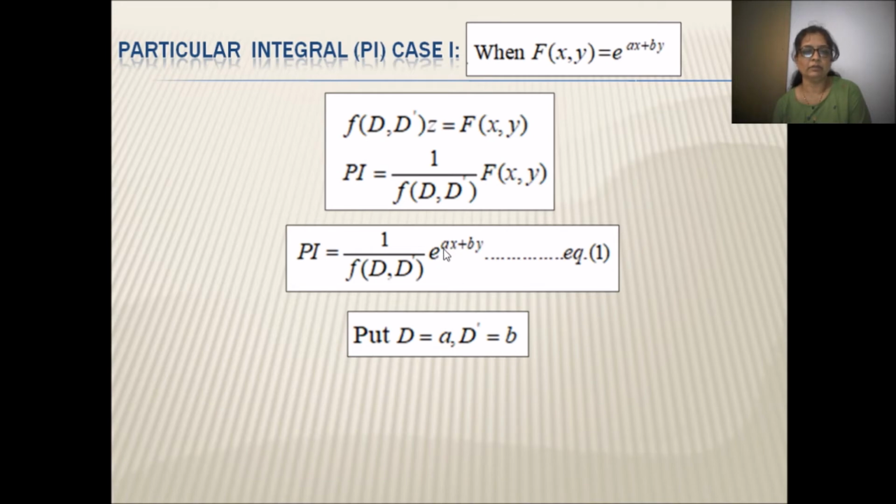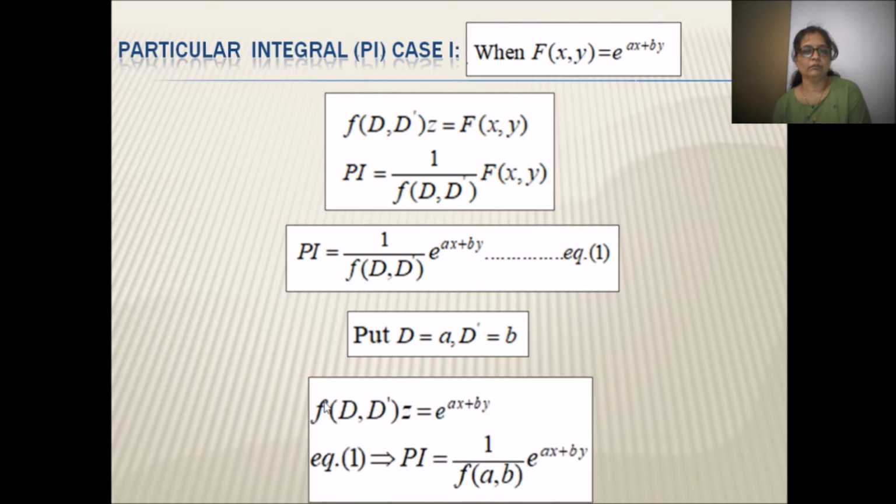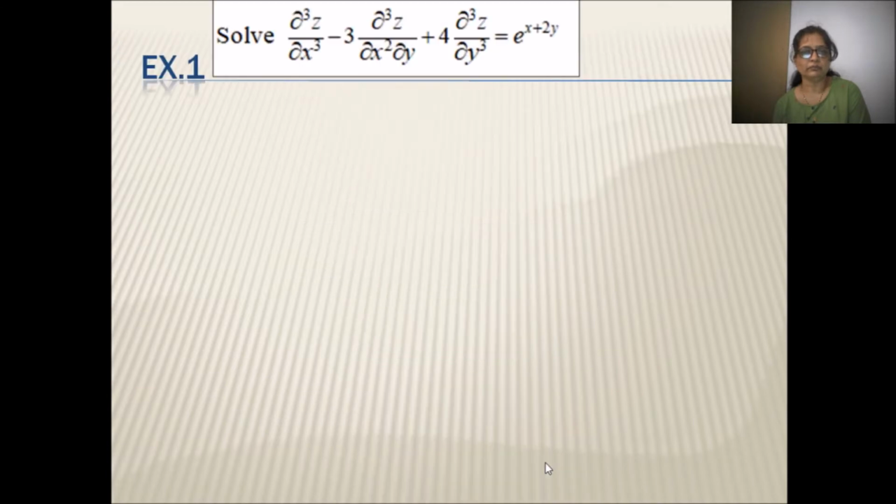Here a means the coefficient of x and b means the coefficient of y in these exponential terms. Then PI equal to 1 upon function of a, b times e to the power ax plus by. This is the method to solve the problem.